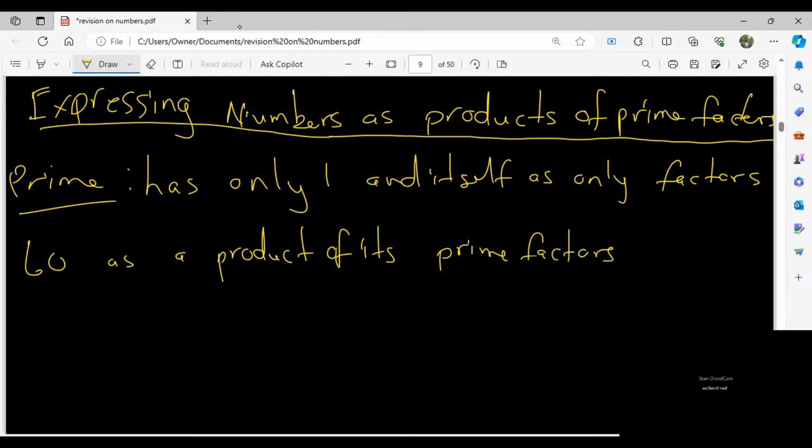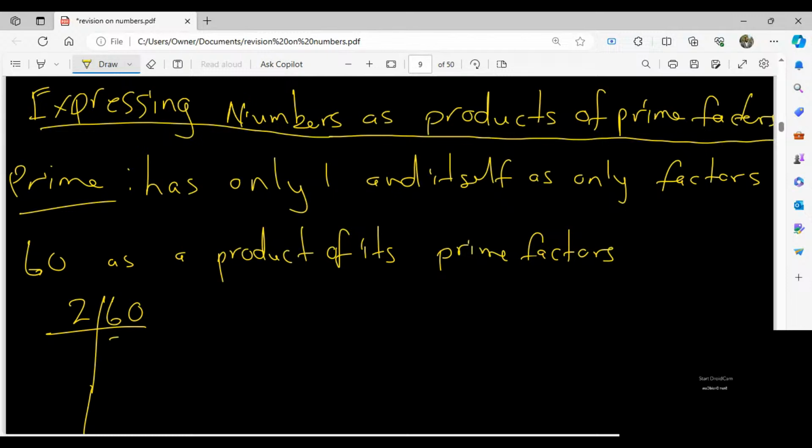Okay. So if 60 can be expressed as a product of its prime factors, what we can do is very simple. We write our 60 like this, 60. Then we divide by 2, or divide by the lowest prime factor, until the number is no longer divisible. For example, here we can divide by 2. This is the lowest prime number, which is a factor of 60.